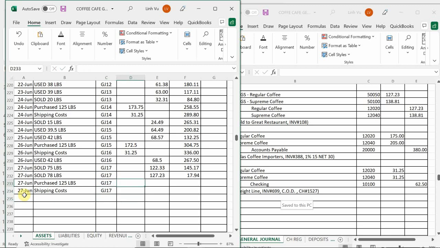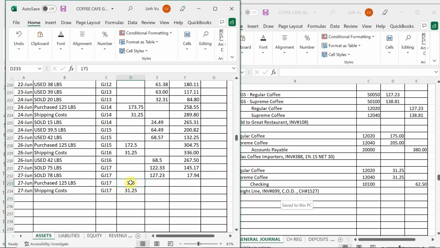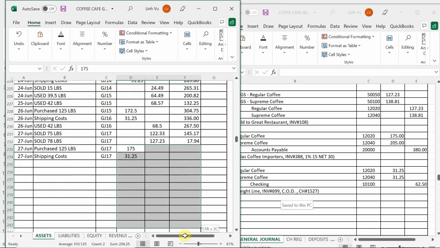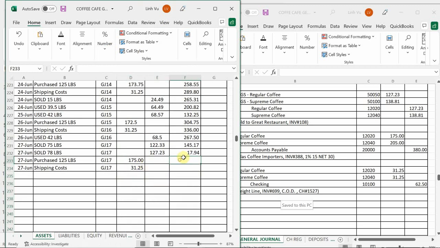So in this case, we increased our inventory by $175 plus the $31.25. So therefore, our ending balance is going to be a total of $224.19.